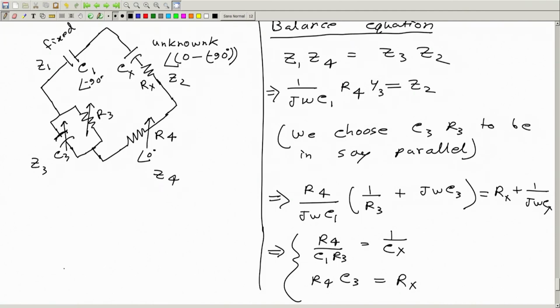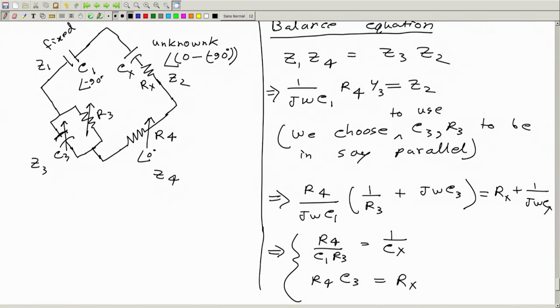Okay. So, if you had chosen to use an RC series combination, then it would have been easier to model this in parallel form, and then if you want to, of course, convert one form to the other, you know how to do it. So, here we choose to use C3 R3 in parallel.